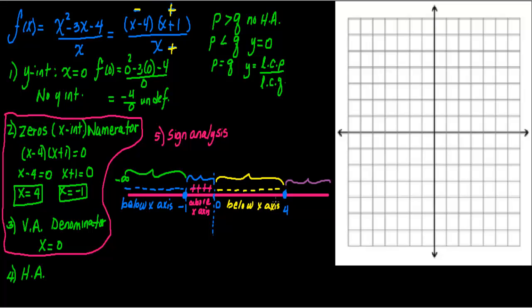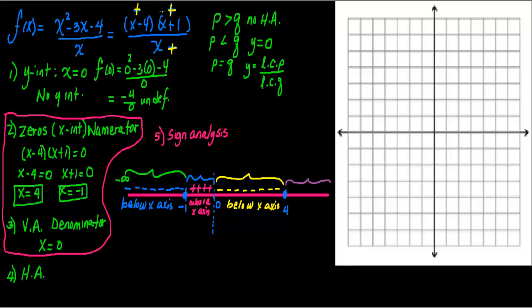Okay? For my last interval, from 4 to positive infinity, choose any number you want. Let's choose 100. 100 is greater than 4, right? So if I plug in 100 for x, 100 minus 4, will that give me a positive or a negative value? It will be a positive value. If I plug in 100 here, I'll also get a positive value, and 100 here will be positive.